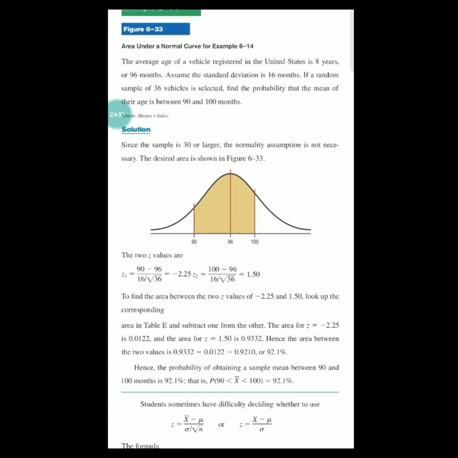So, in this example, we have two values, which are 90 and 100 months.